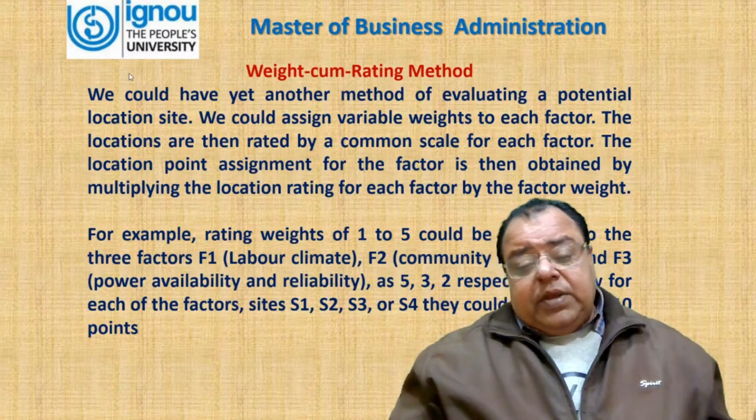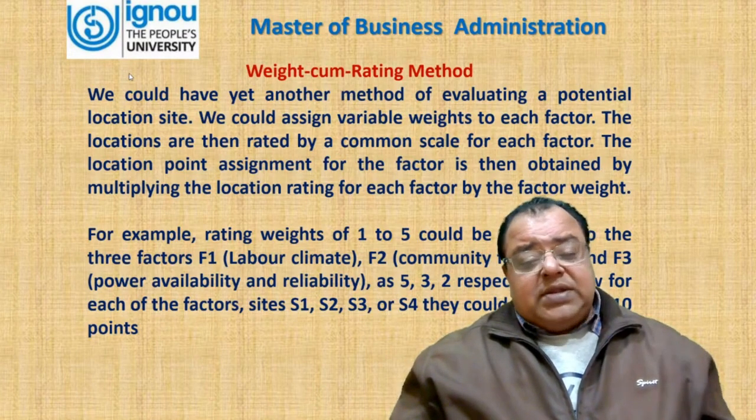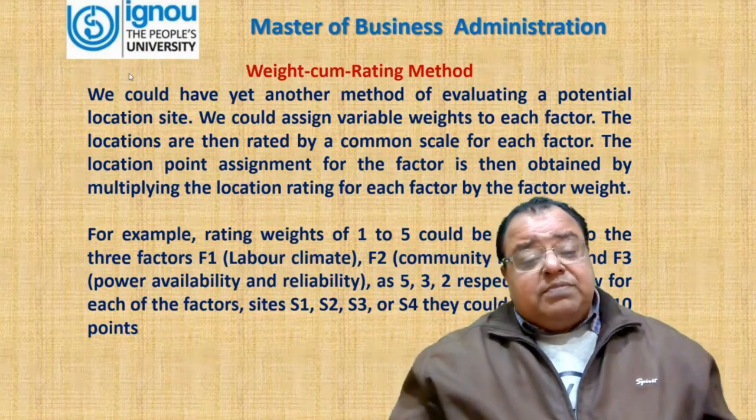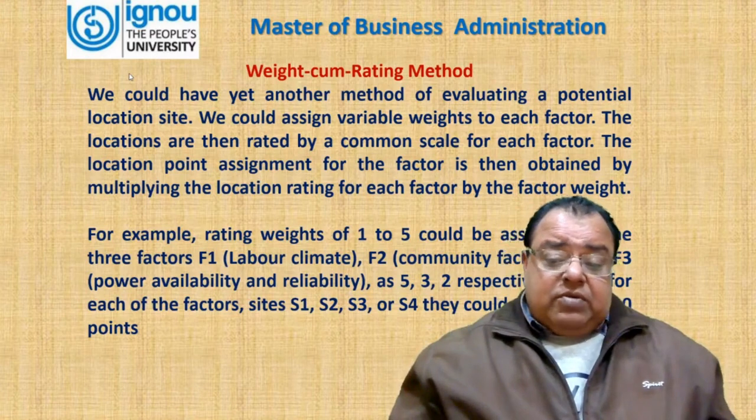For example, rating weight of 1 to 5 could be assigned to the three factors: F1, that is labor climate, F2, community facilities, and F3, power ability and reliability, as 5, 3, 2 respectively.